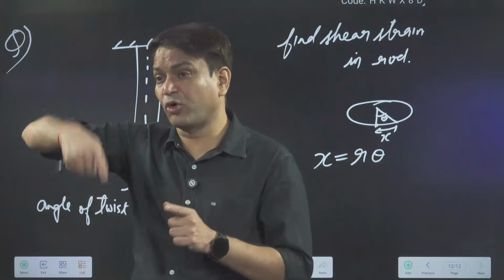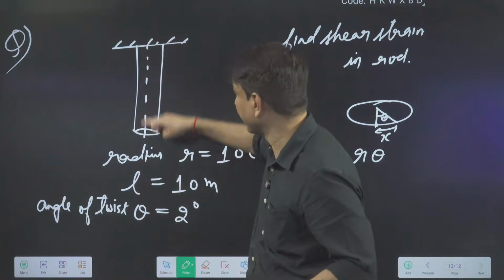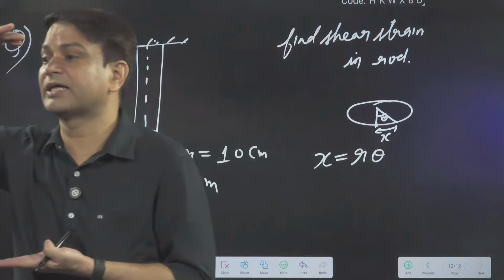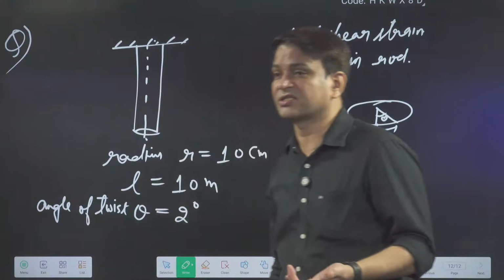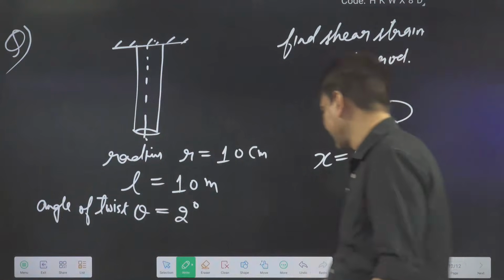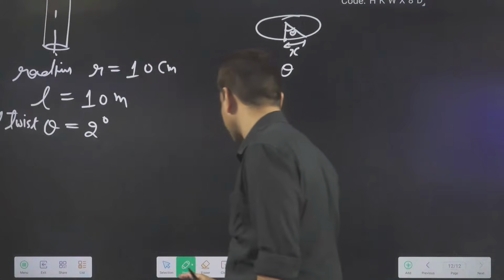Now what is the perpendicular side? Here and here, the perpendicular side you will take is the distance between opposite faces, that is the length of the rod. Then what is the shear strain? X by L, which means R theta by L. If you want, you can directly remember this relation.